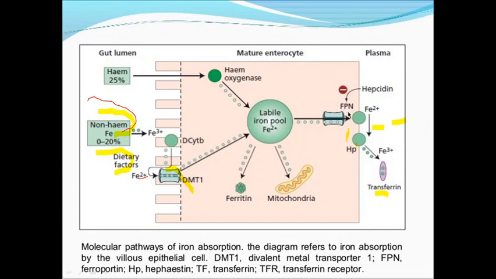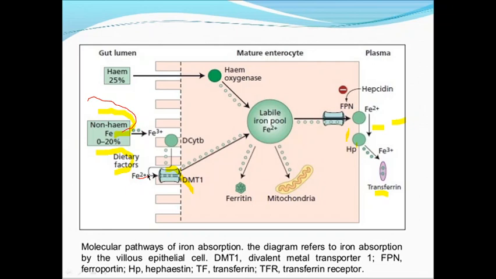Such ferroportin is present on the basolateral side of the enterocytes, where iron is transformed into the ferric form by means of ceruloplasmin or hephaestin, where it is oxidized and carried in the ferric form with transferrin.